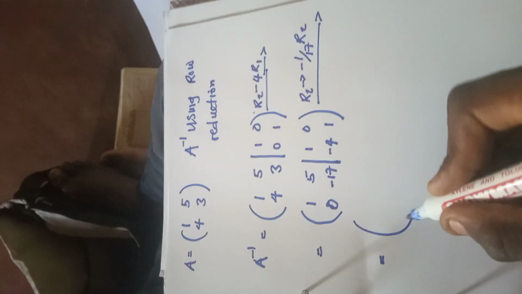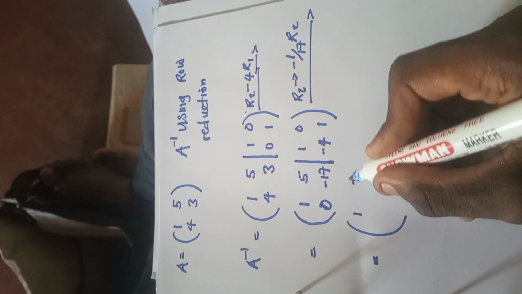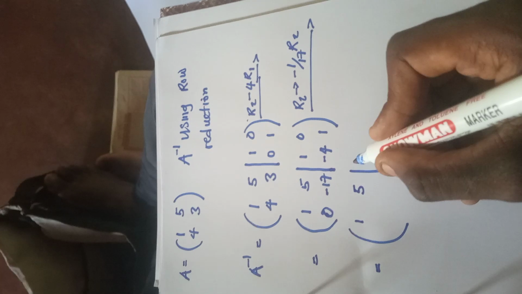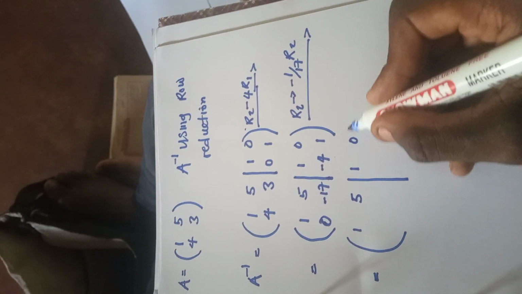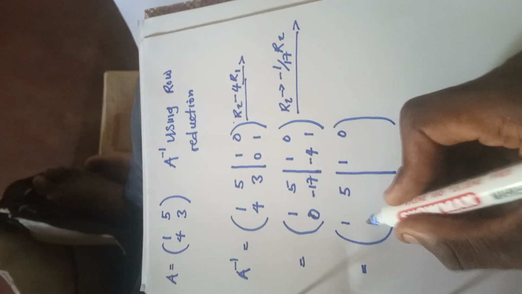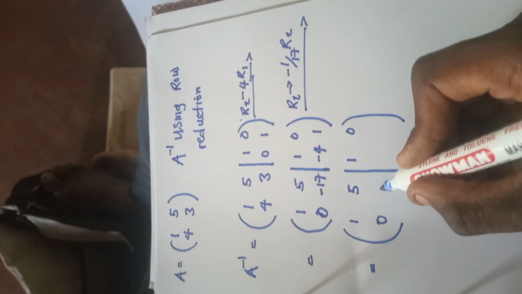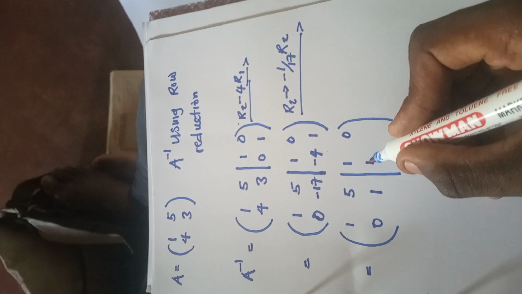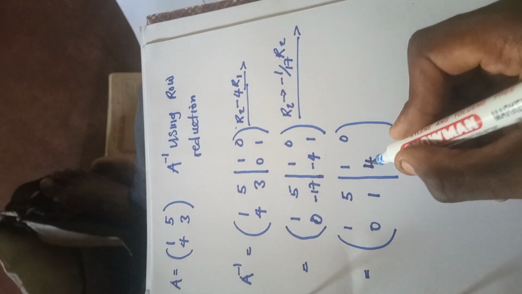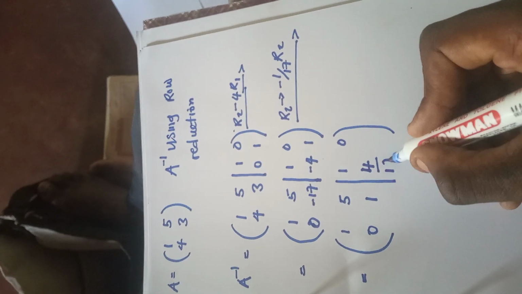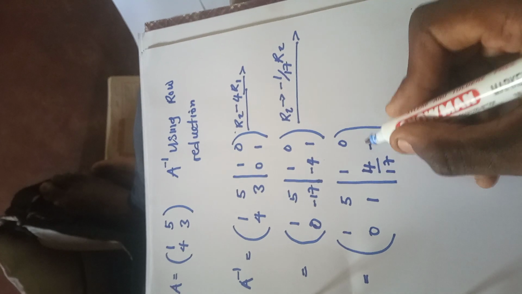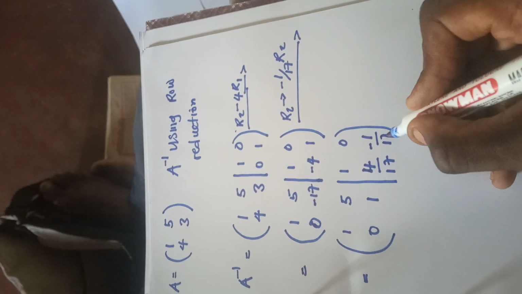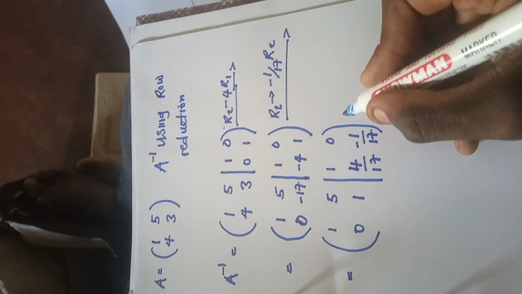So 1, 5, 1, and 0 here. Then 0, 1, 4 over 17, and negative 1 over 17. Like that.